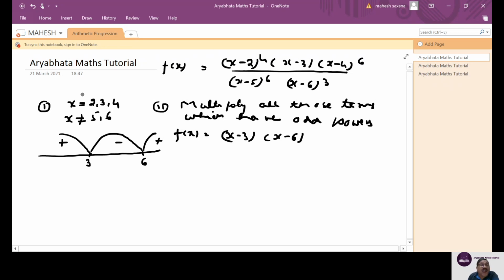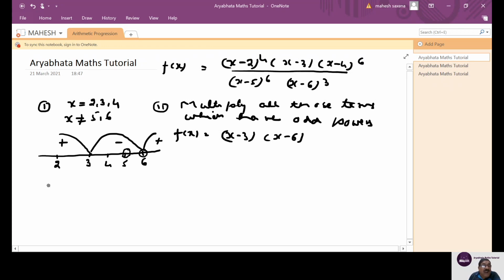Now we will consider also these points. x equal to 2 will be here. x equal to 3 is here. 4 will be somewhere here. Or 5 will be here. 2, 3, 4 are to be considered. But x cannot be 5 and 6. Therefore, we are encircling this.